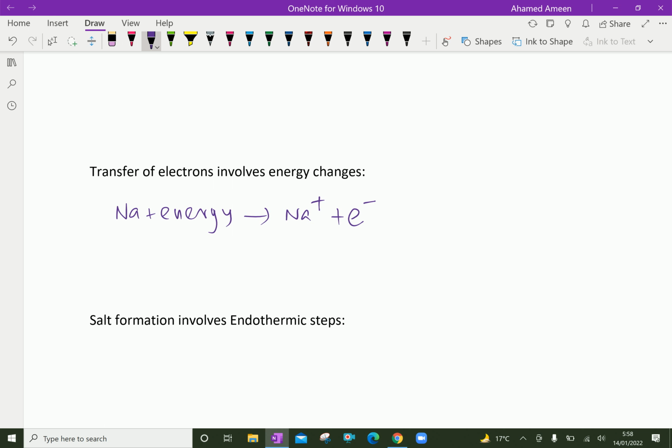Here, for electron affinity, look at this: chlorine atom plus electron gives chloride negative ion plus energy.